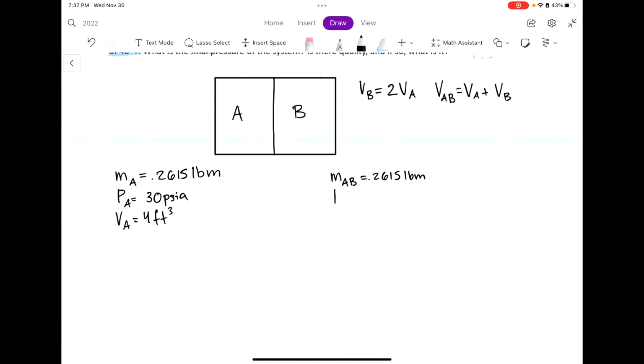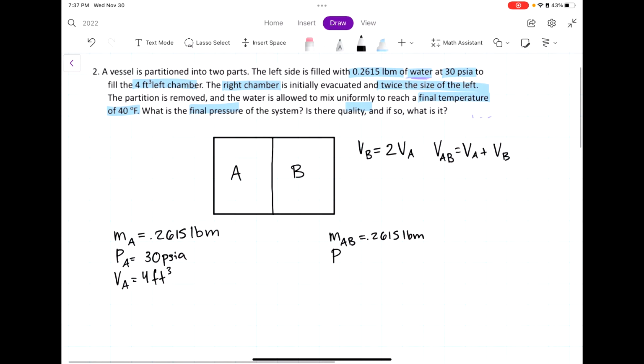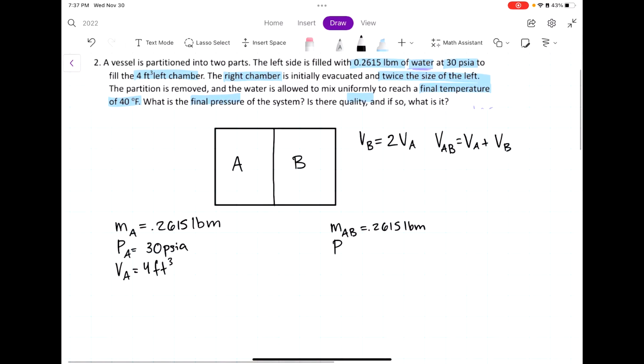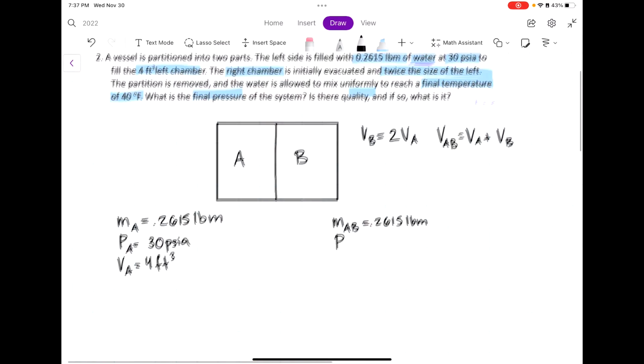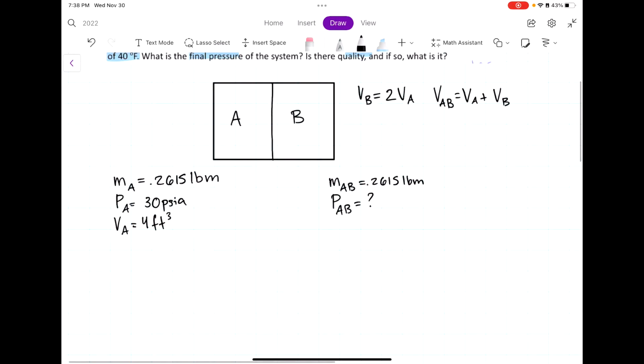And the pressure of AB, that's what we're trying to find, our final pressure. Our temperature at the end, so our AB temperature when they're allowed to mix, is 40 degrees Fahrenheit.